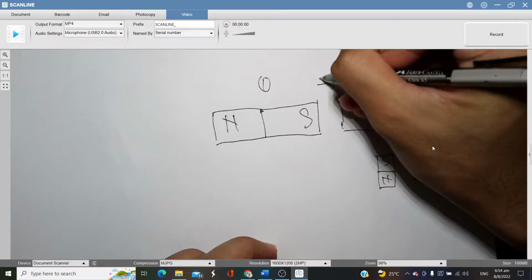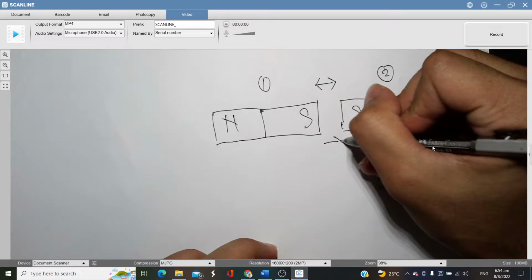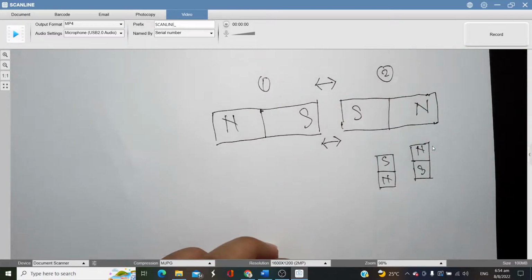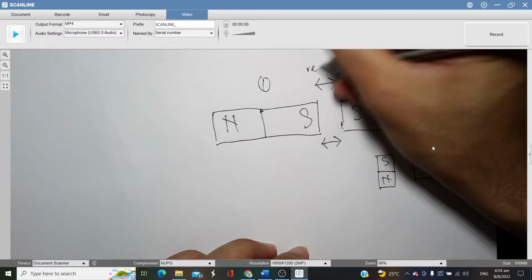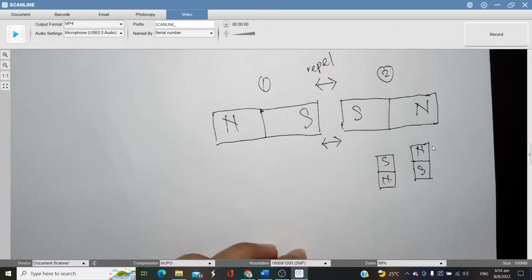If I make my arrow like this, it means repel. So south and south will repel each other. Repel is pushing apart.